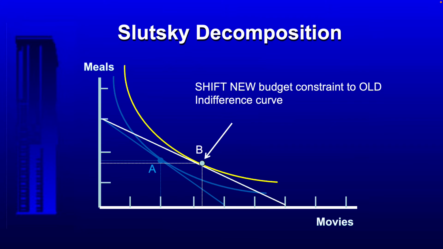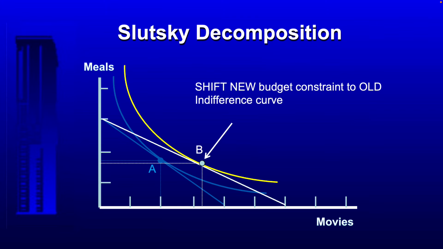Now we want to be able to quantify, particularly when it comes to policy issues, how much of this price change is going to affect the consumer's income versus how much it is going to shift how much the person buys of one good versus another, simply because one is now relatively more or less expensive with respect to the other than it was before.